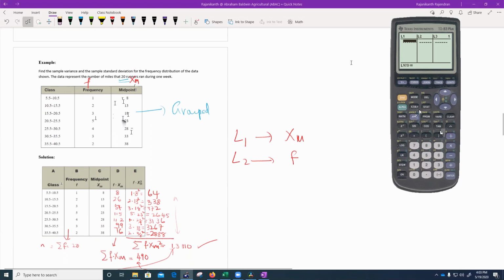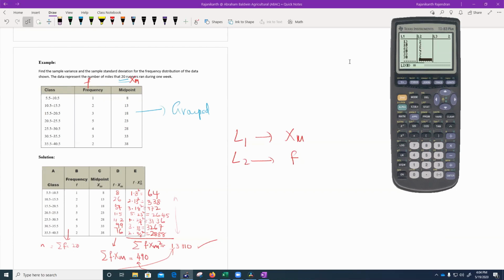So let me enter those values: 8, 13, 18, 23, 28, 33, and 38. That is my L1 column, midpoints. Now move to L2, my frequency column. The values are 1, 2, 3, 5, 4, 3, and 2.